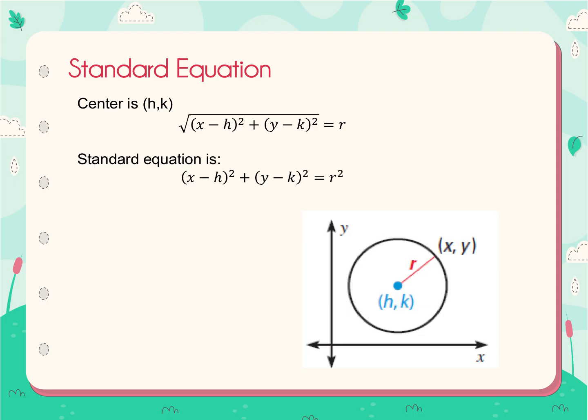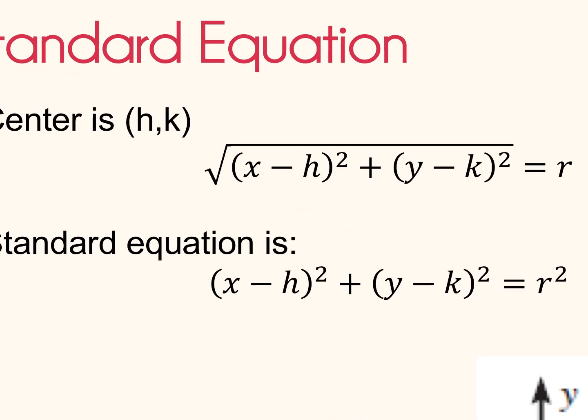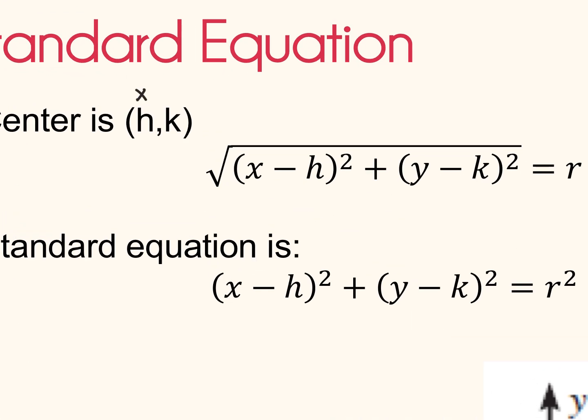All right, now looking at it when the center is not at 0, 0. So when the center is any point on my coordinate plane except the origin, if your center is something other than 0, 0, it's giving you values for x and y. You're letting your h represent your x value and your k represent your y value.